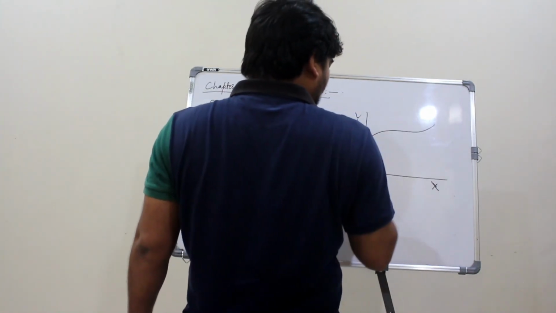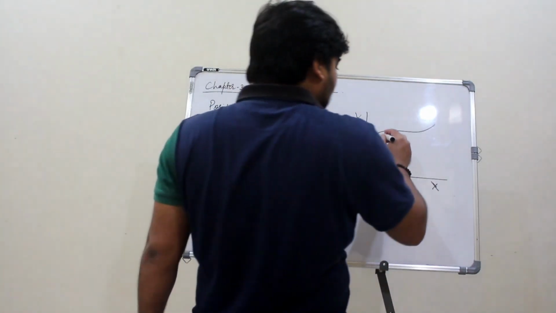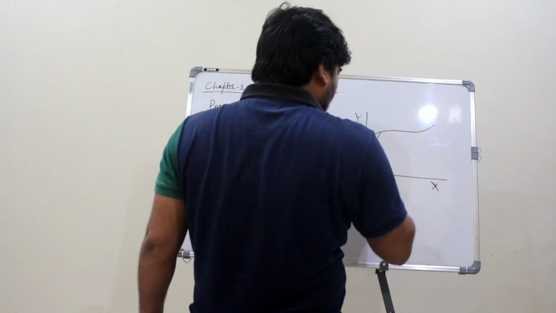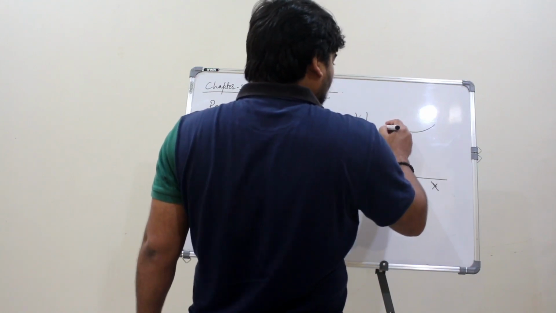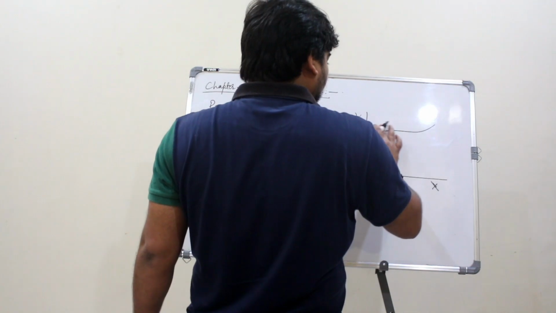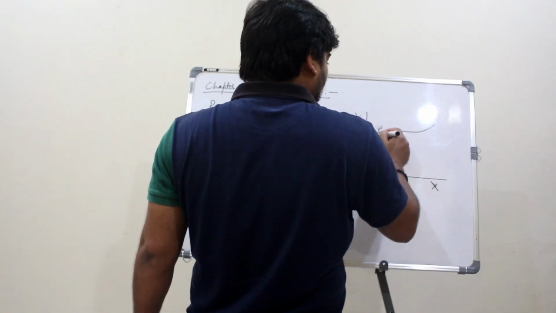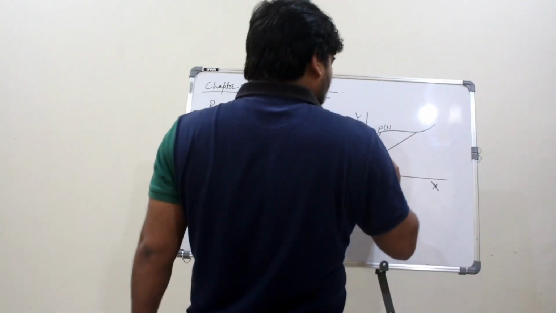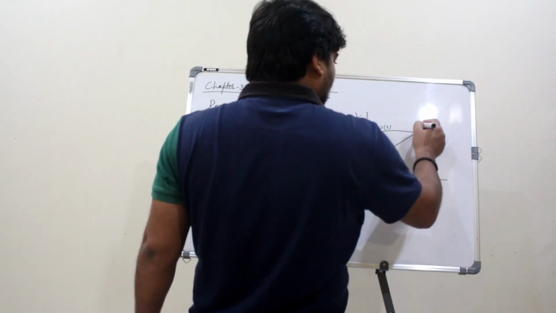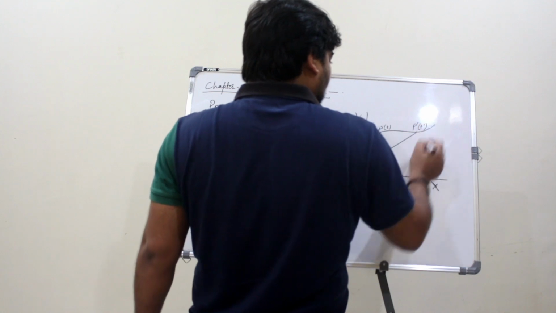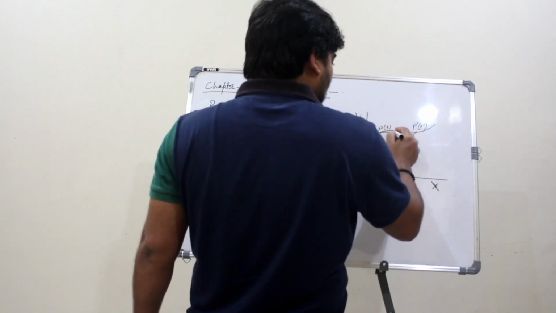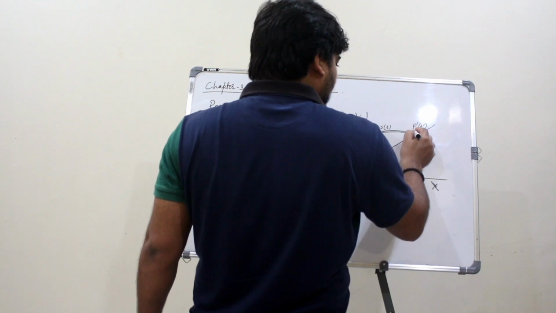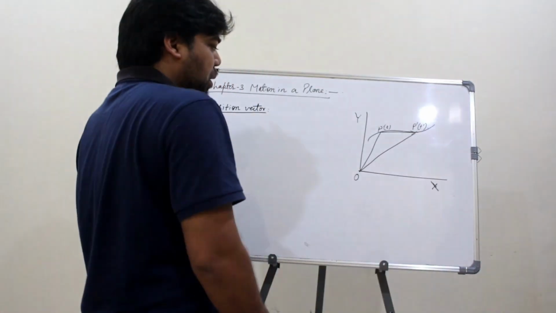So if O is the initial point, the reference point, you define the position of an object at different points as P at time t, and P dash at time t dash, and then a line which joins these two.